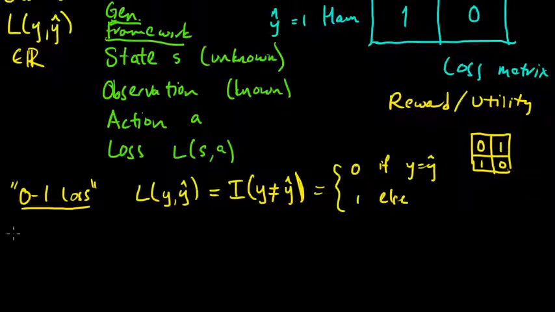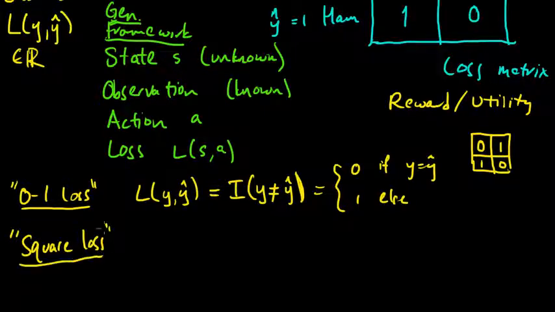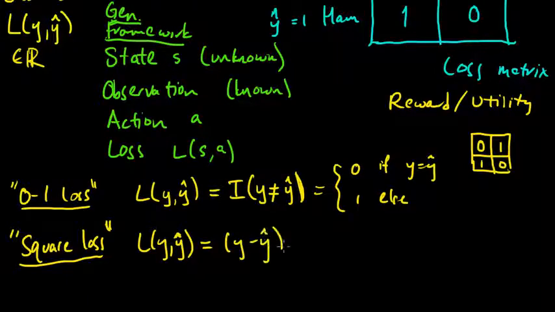Here's another commonly occurring loss function, the square loss. Square loss is typically used in regression. It's a very important loss function, and it's just the square of the difference.